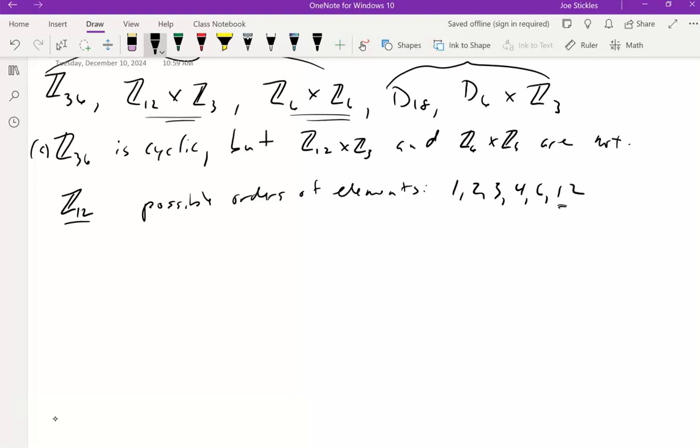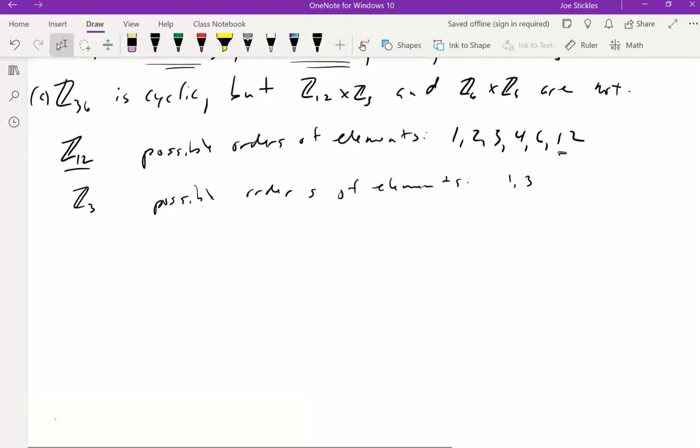But those are all the possible orders of elements in Z12. How about for Z3? Yeah, it's just 1 and 3, right? Good. All right. We okay with that?